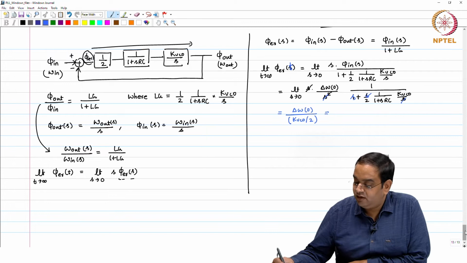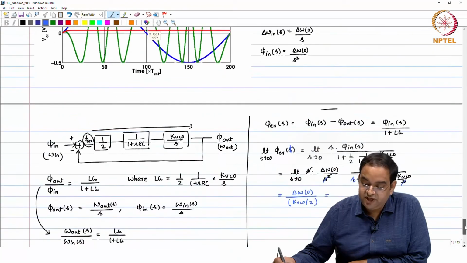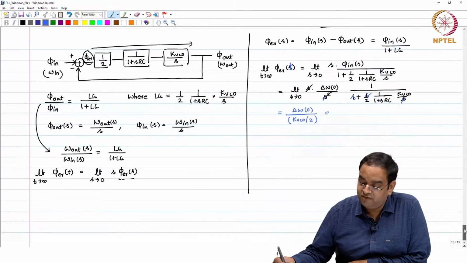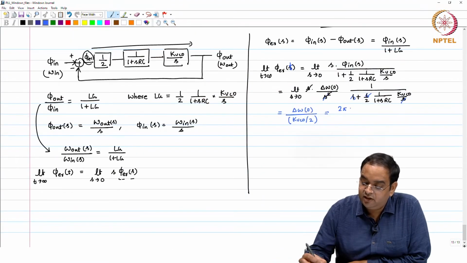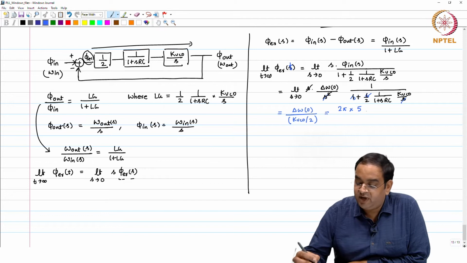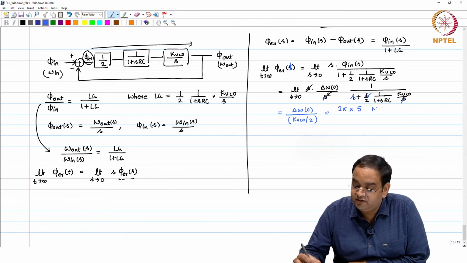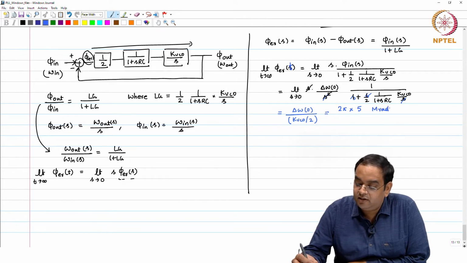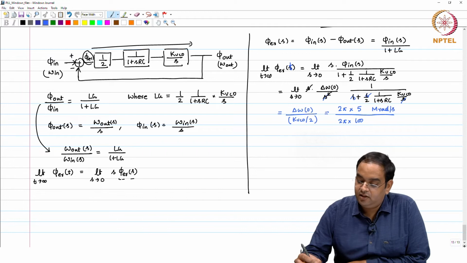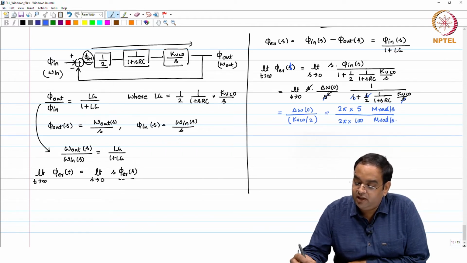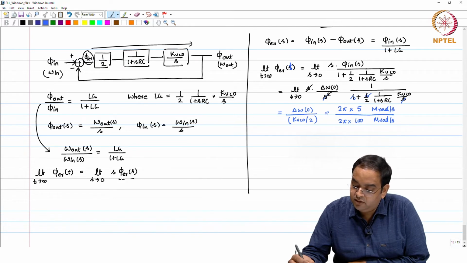Let us calculate. The error which we applied in this case was only 5 mega radians per second, so this is 2 pi into 5 mega radians per second, divided by KVCO, which was 2 pi into 100 mega radians per second per volt.